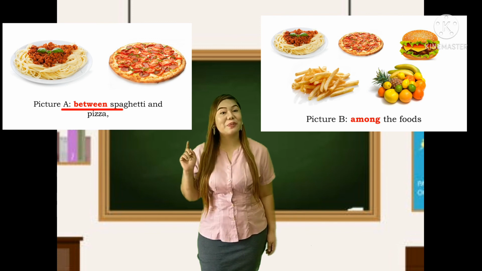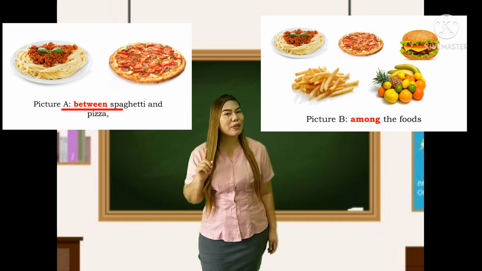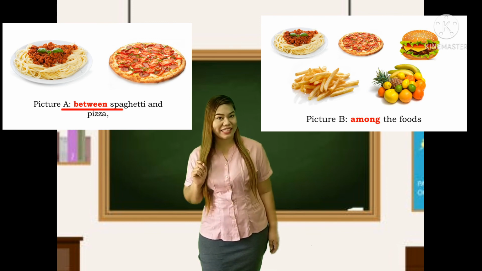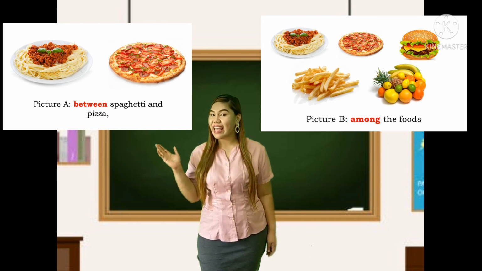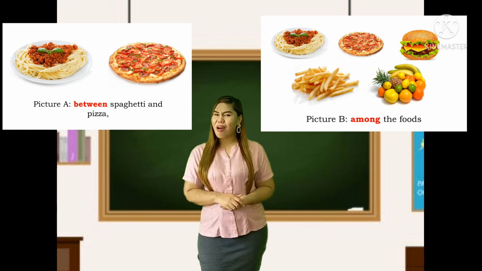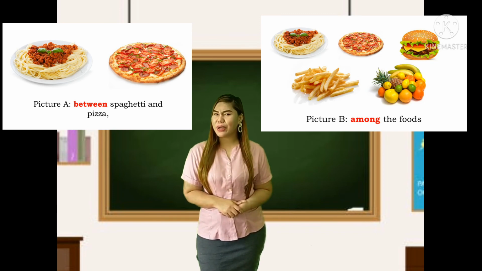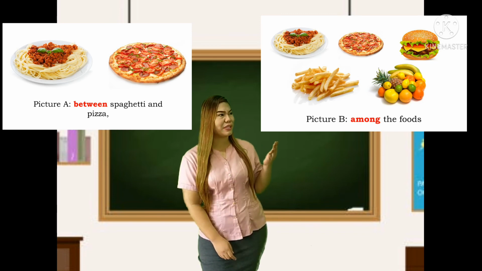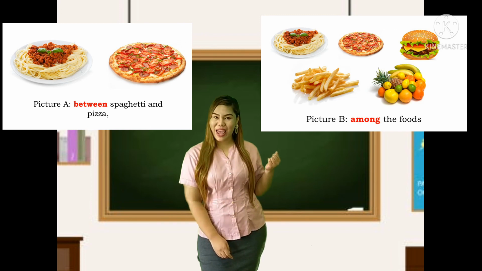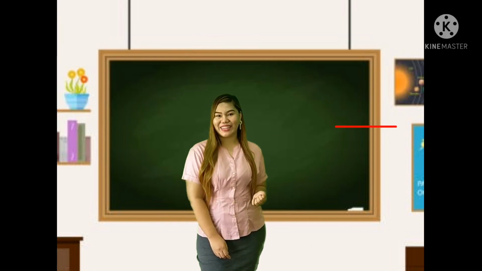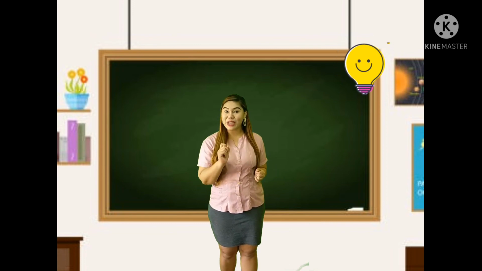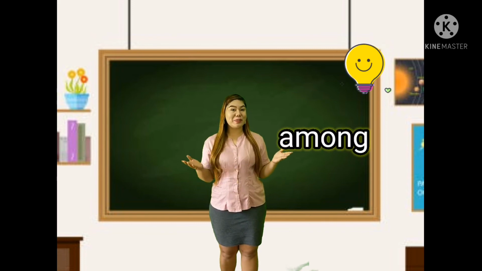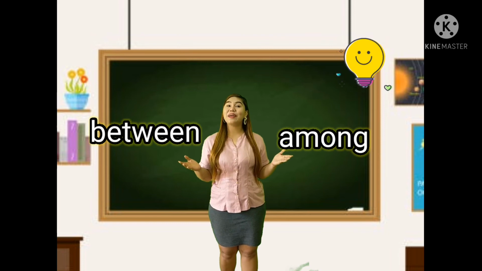Alright, between. How about the word before pizza? Very good. It's the word and. And now, what is the word before the foods? Alright, among. For today's lesson, we will study about prepositions among and between and how to use them in a sentence.